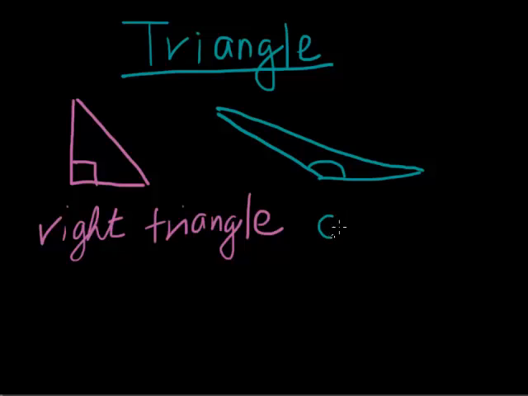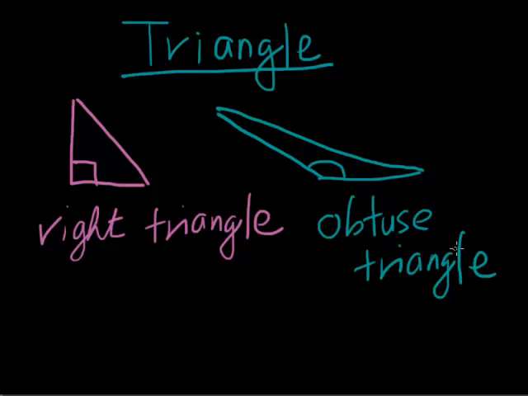Then I think we can call this an obtuse triangle. Why people actually spend all the time giving these triangle names, nobody knows, but we just kind of do it. Alright, and then if we have one of these triangles where all the angles are less than 90 degrees, okay, so pretend this thing is drawn such that it is less than 90 degrees, then we can call this an acute triangle.